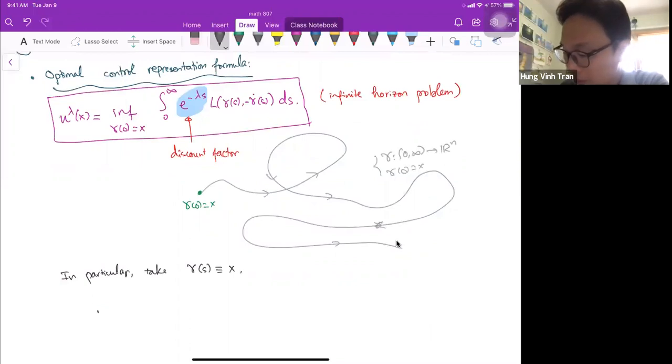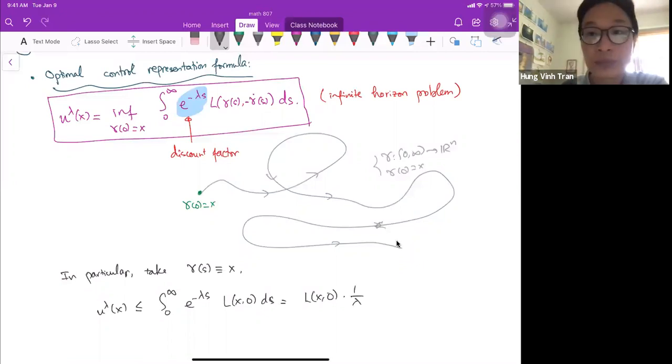You would see that u lambda x is less than or equal to the integral from 0 to infinity of e to the minus lambda s times L, which is always the constant L of x, 0, ds. And if I'm not mistaken, this is L of x, 0 times 1 over lambda, right? And this exactly gives you the bound on lambda u lambda.